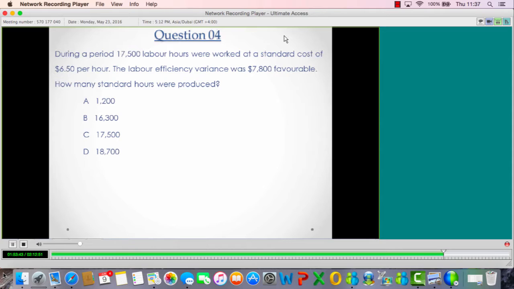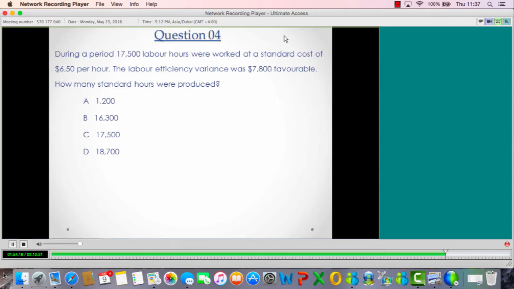Tell me here now, what is my efficiency variance in hours? 1,200. Yes, because my standard cost per hour is 6.5 and my variance is 7,800. So I divide 7,800 by 6.5, and I get 1,200.